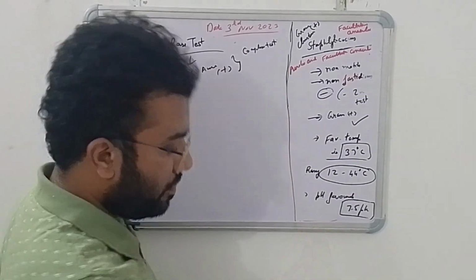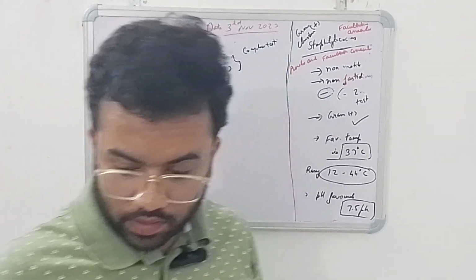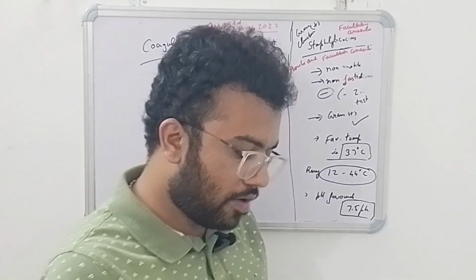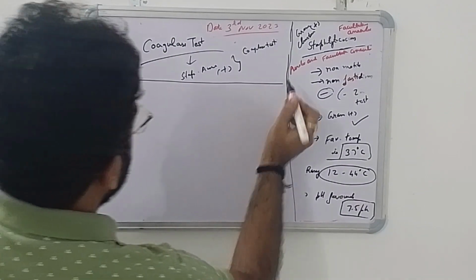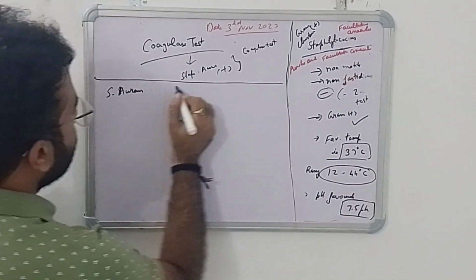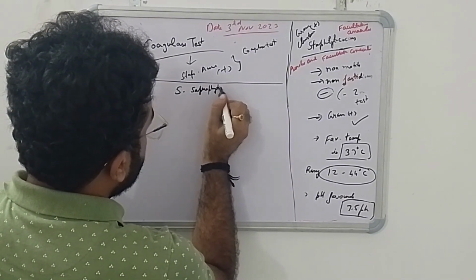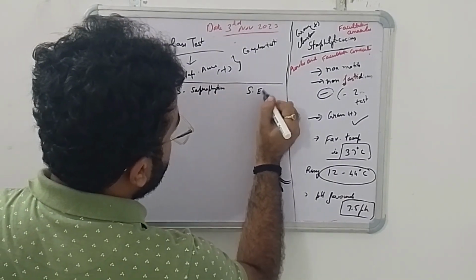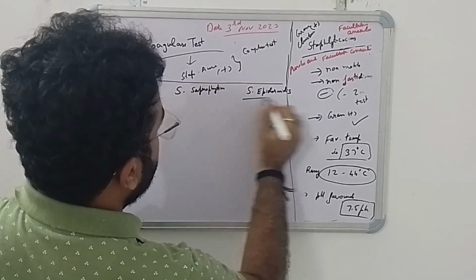Now we have come to the second point, differentiation of some species. I talked earlier in this video about how we differentiate S aureus, S saprophyticus, and S epidermidis.